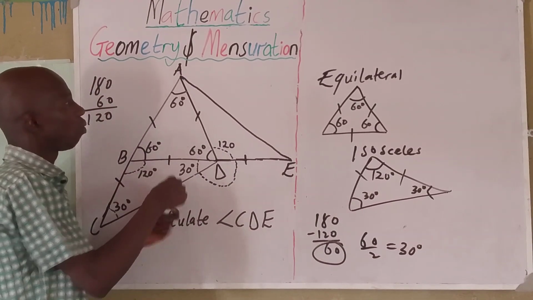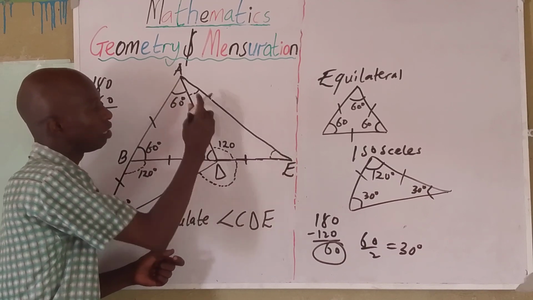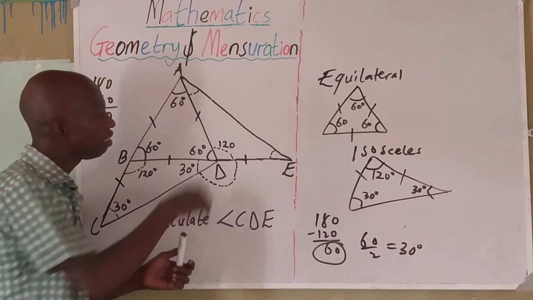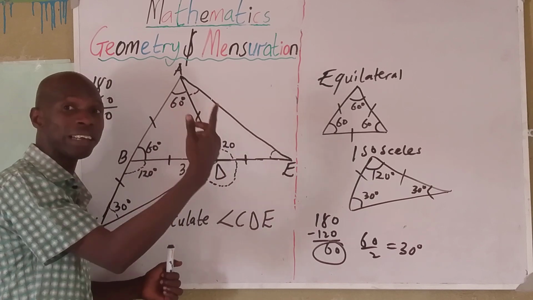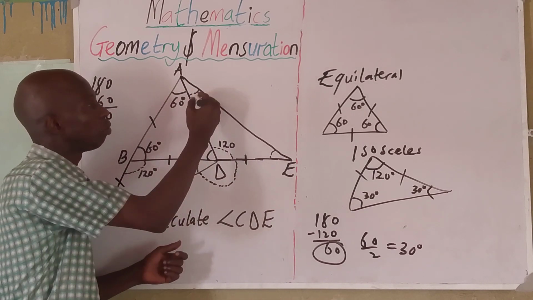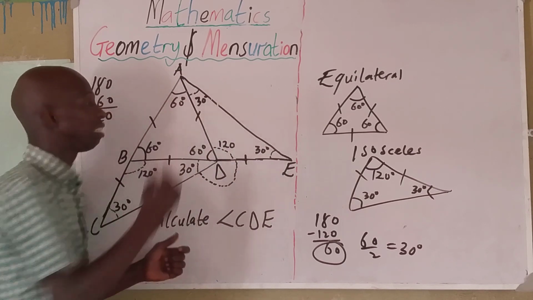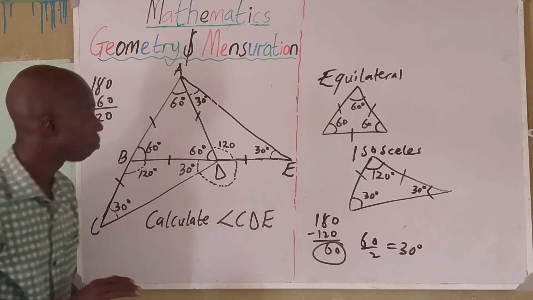By implication, what I have here and what I have here must also be the same. If only this side is taking 120, 180 minus 120 is 60, right? I'll share the 60 into two angles, so this place will be 30 also, and this side will also be 30 degrees. And it's becoming simpler now, right?